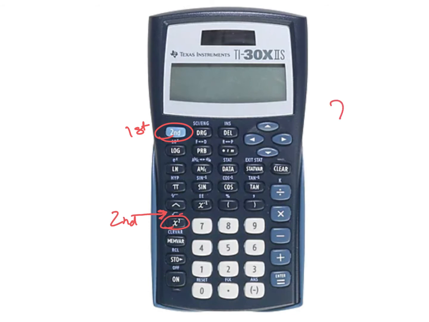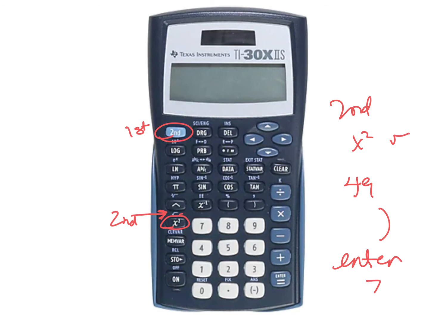So you're going to do second, and then the x squared button, which is going to be the radical. Then you're going to put in 49 and close the parentheses. When it gives you the square root, it will open the parentheses. You put in 49, close it, and then hit enter. And that should give you 7. That should give you the answer.